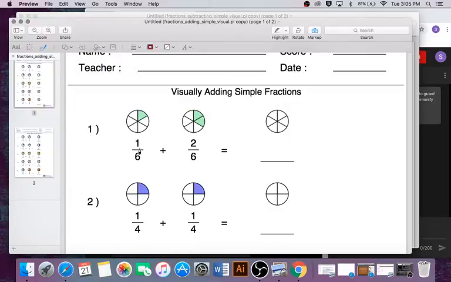So in this example, we have 1 out of these 6 pieces shaded in and 2 out of these 6 pieces shaded in.